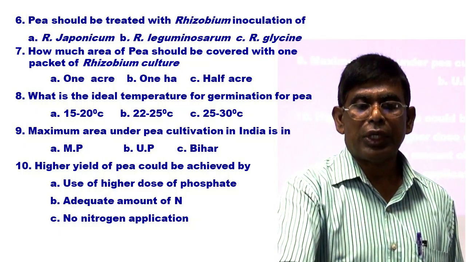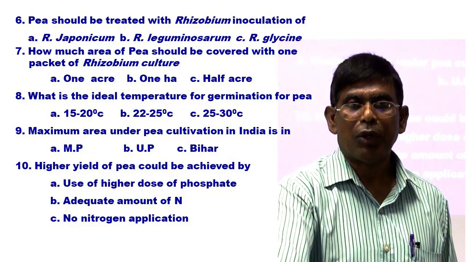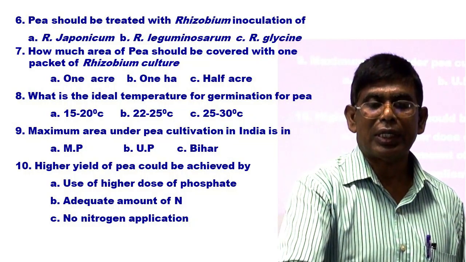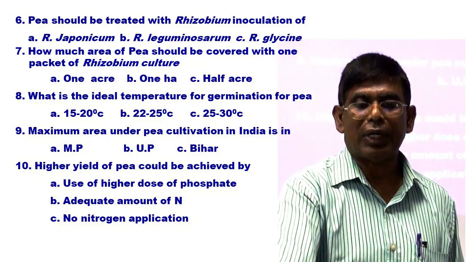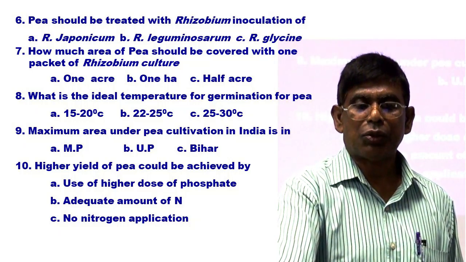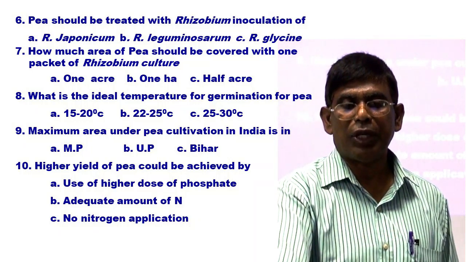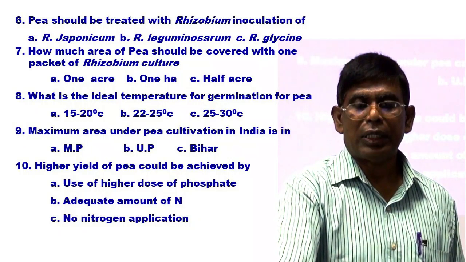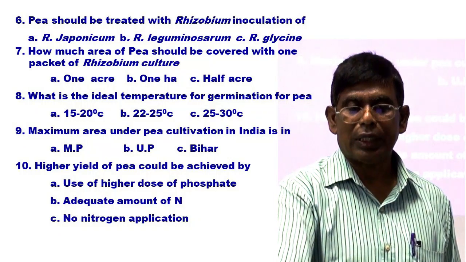Then the next question is, how much area of pea should be covered with 1 packet of Rhizobium? We have discussed earlier that 1 packet is sufficient for half an acre. Next question is, what is the ideal temperature for germination of field pea? The answer is 22 to 25 degrees centigrade.